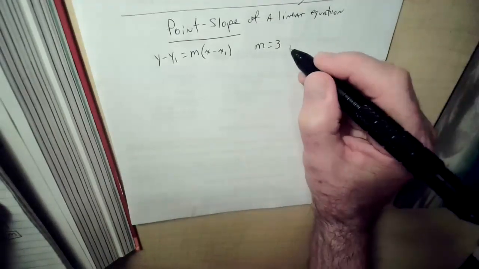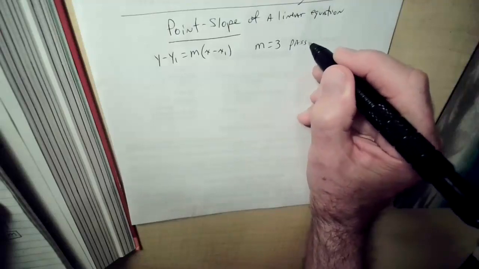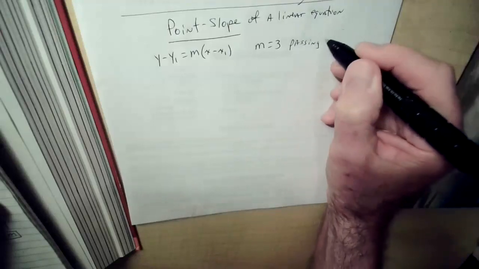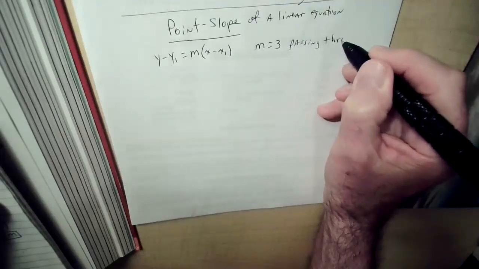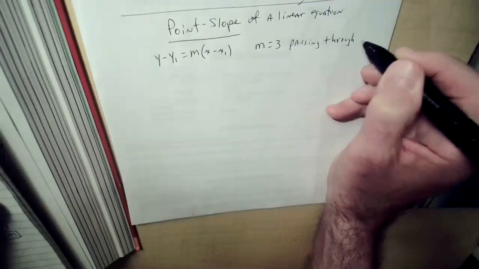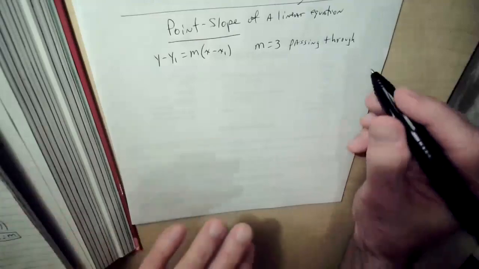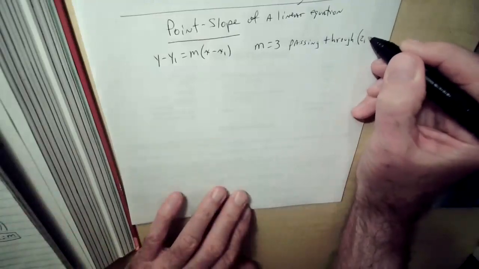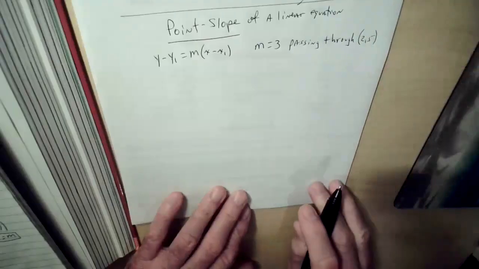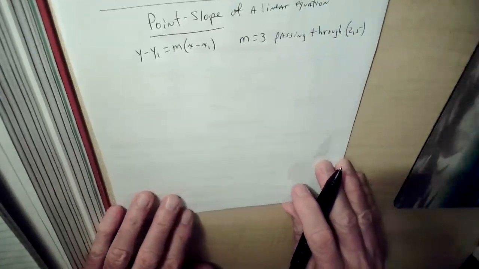What if you had the slope of 3 passing through the point 2, 5?